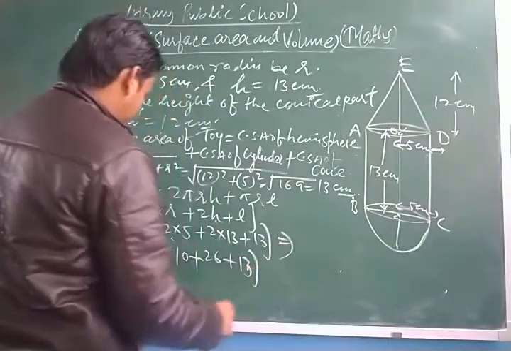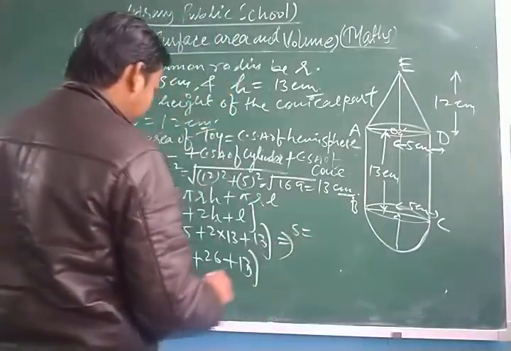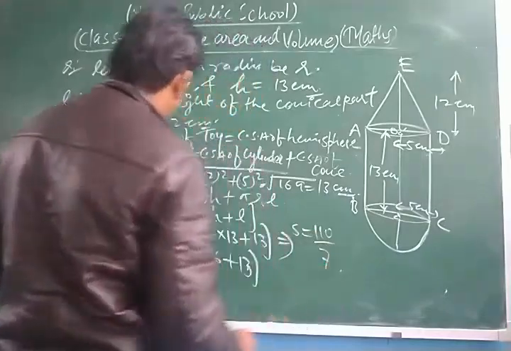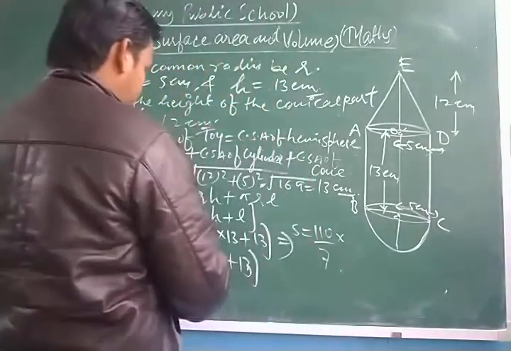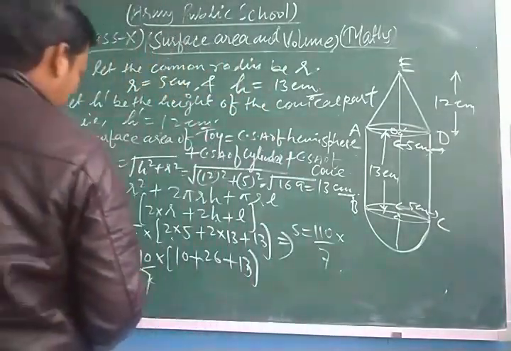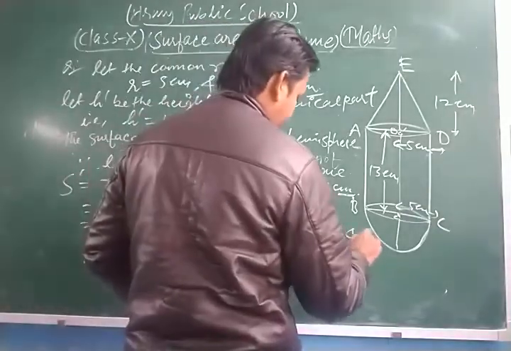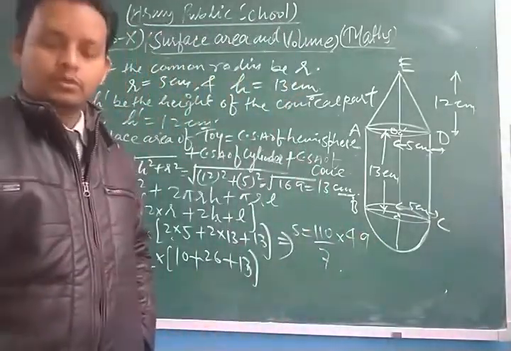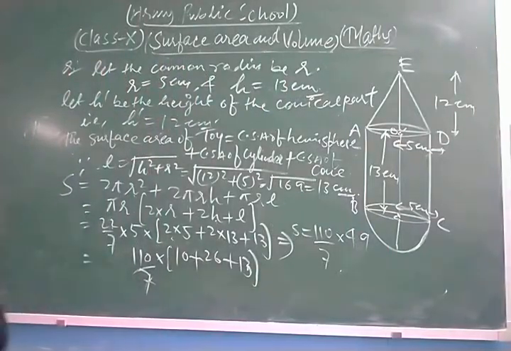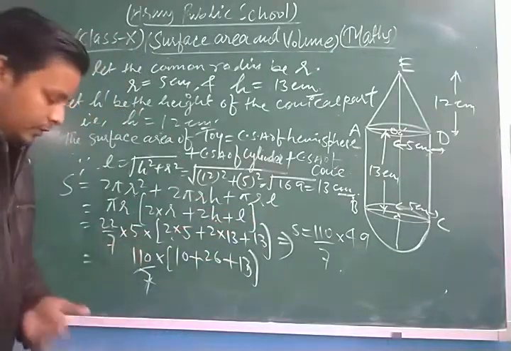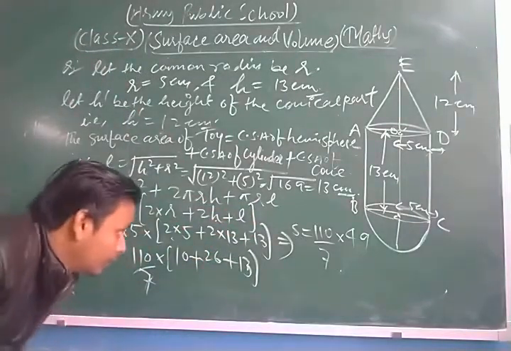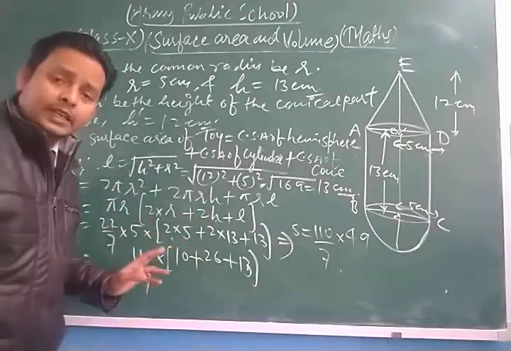So we get the surface area of the toy as 110 upon 7 into 49. First of all we write the formula, and from this expression we take pi r as common.